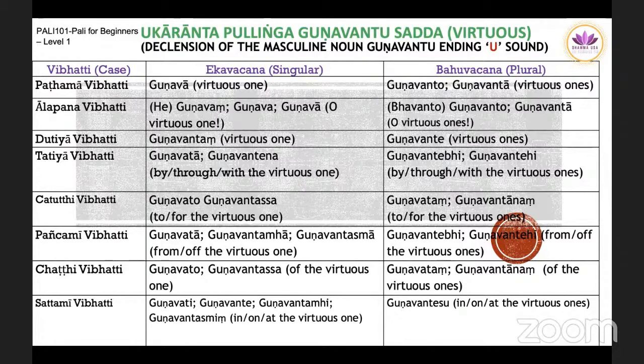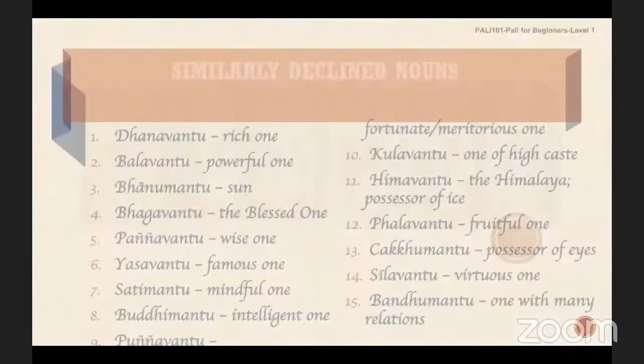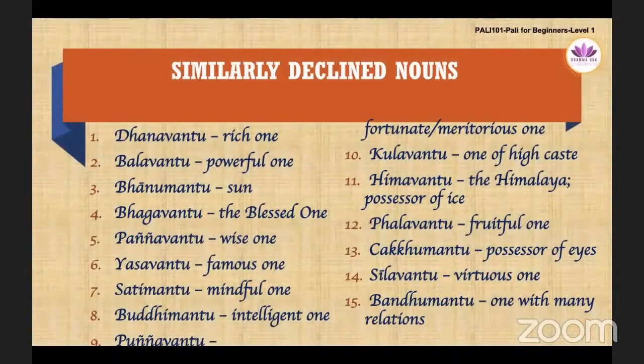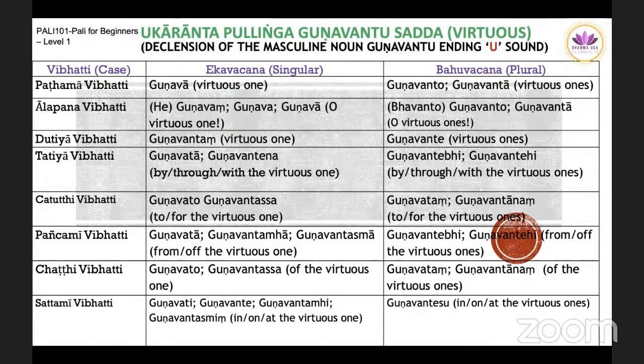Sadhu, sadhu, sadhu. Yes, so let's go to the other one. Bhagavantu. Who wants to decline this noun? Bhagavantu, the blessed one. I will try, Bhantiji. Okay. Bhagavantu, the exalted one, fortunate one.